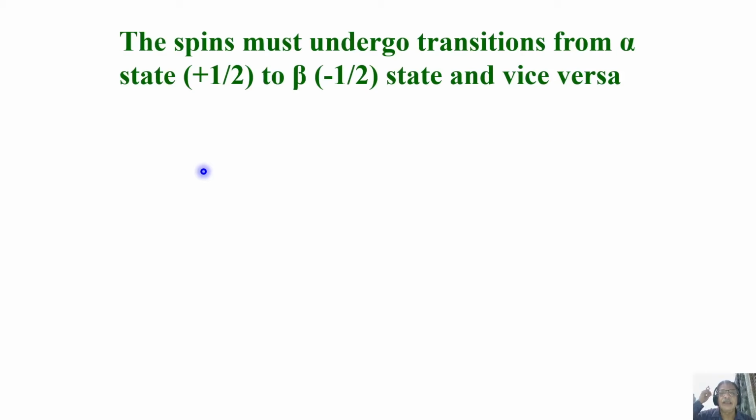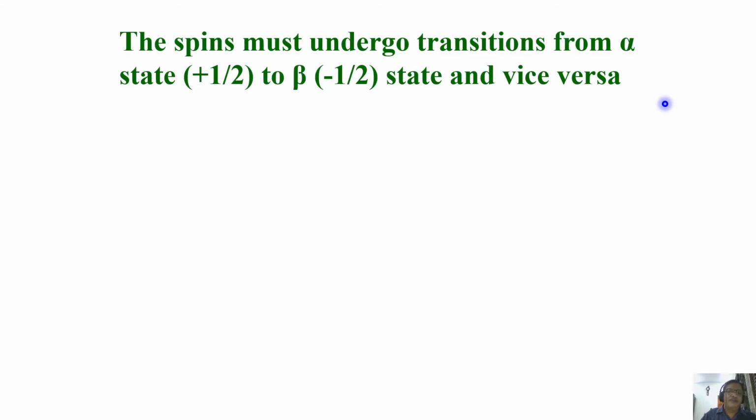When you want to see the resonance in NMR, the first condition is the spins must undergo transitions from alpha state to beta state and vice versa. We have two energy states. Let us say for spin half nuclei, there are spins in this energy state, there are spins in this energy state.